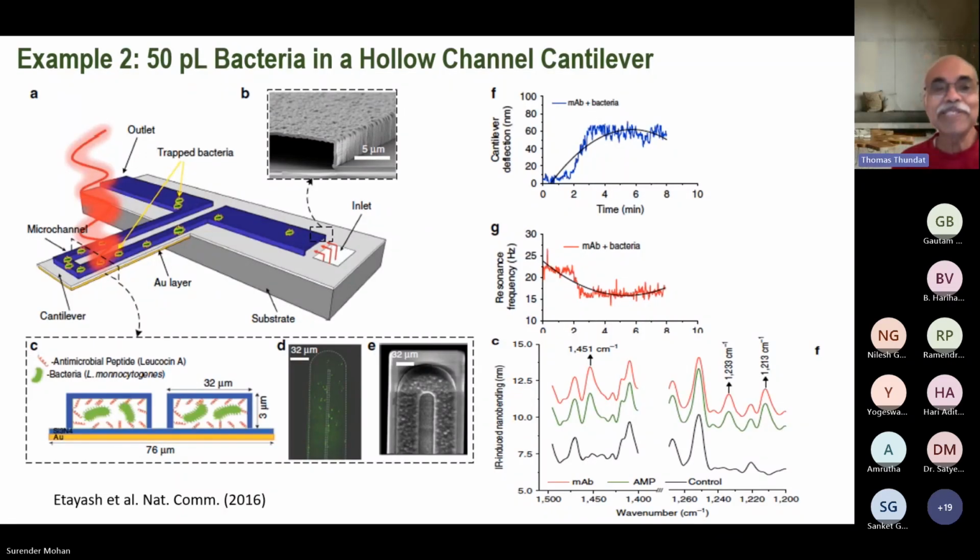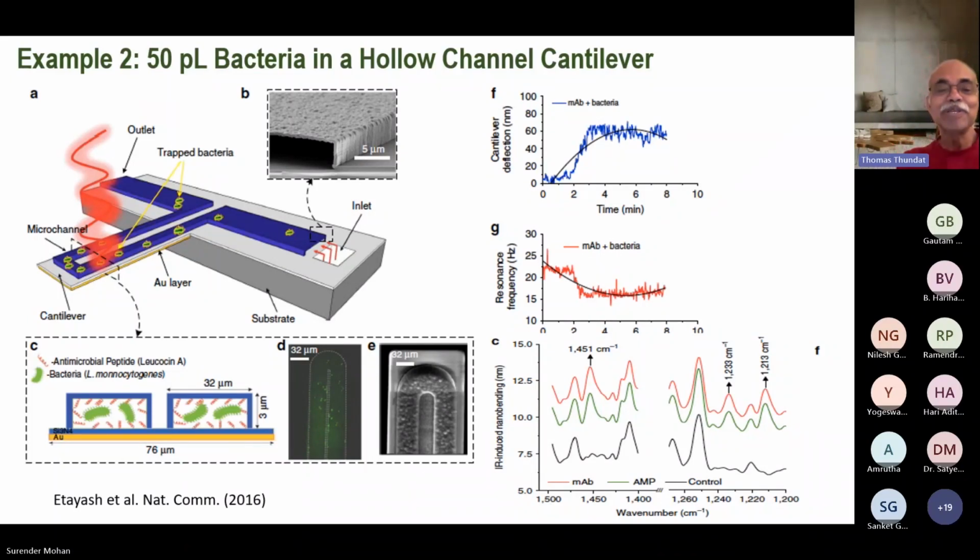So the next example is about bacteria. You have a 50 picoliter volume of the channel. We modified the inside of this channel with peptide and sent bacteria, and the bacteria get trapped inside. There's a question: are these peaks coming from the cantilever? Yes, the cantilever bending, basically.